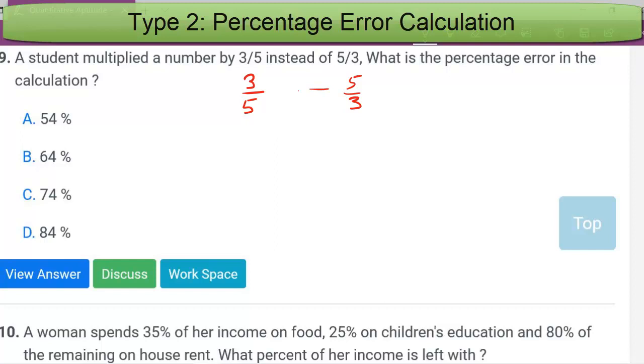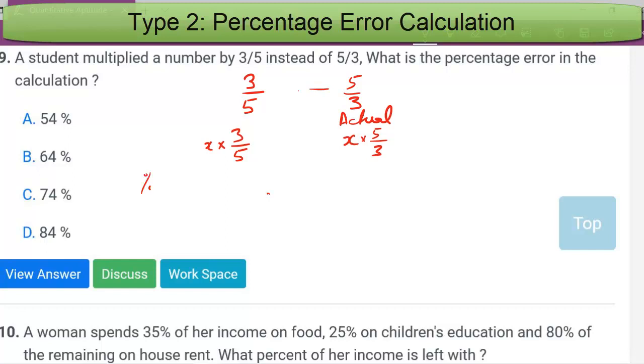So this is basically actual. Actual should be, if the number is x, say, x into 5 by 3, and he got x into 3 by 5. Okay, so you have to calculate the percentage error.